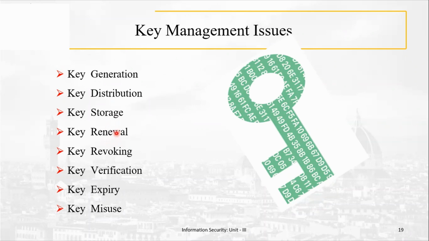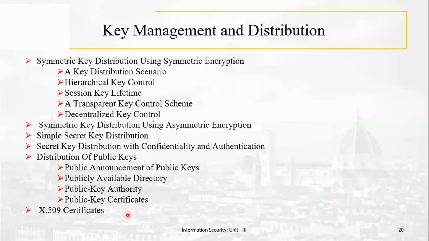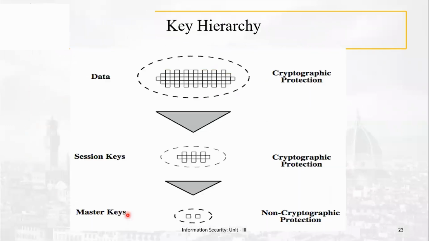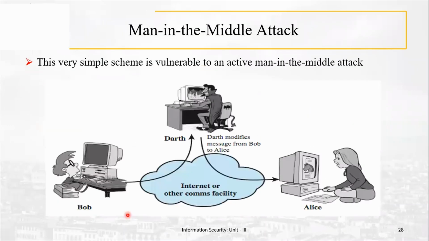There has to be a key renewal process, revoking process, verification. Key verification is again just like a digital signature. There has to be a key expiry. You have to keep those records. And then whether someone is misusing the keys, because tomorrow we'll see this problem which is called the man in the middle attack.